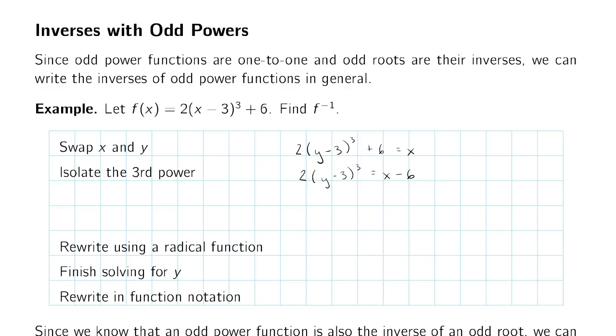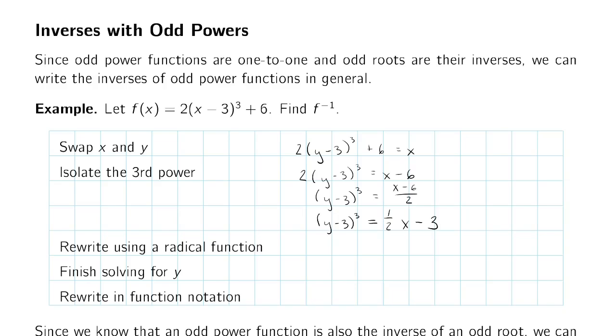We'll divide both sides by 2. We'll distribute that division. So we'll have a half x minus 6 divided by 2 is 3. And now we've isolated that third power.